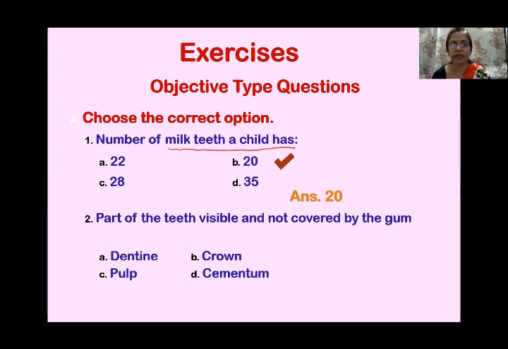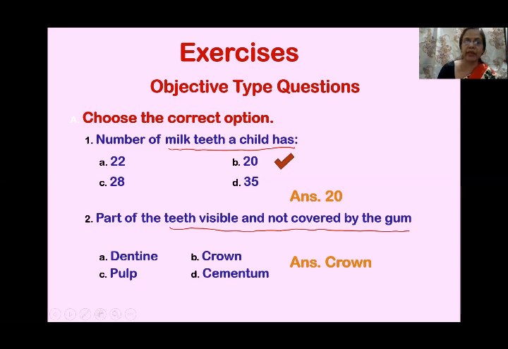The part which is visible is above the gums, while the part which is not visible lies under the gums. So here it is asking part of the teeth visible and not covered by the gum. So what will be the right answer? I hope you all know it is the crown.